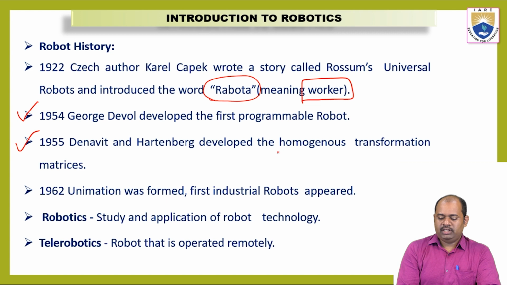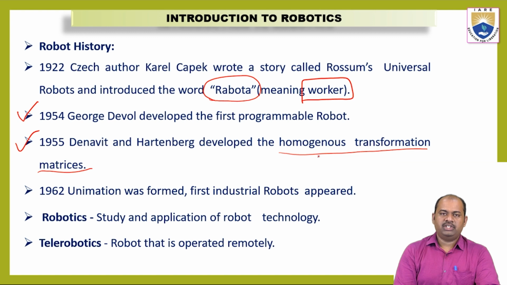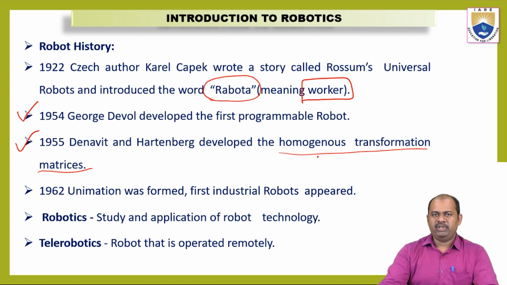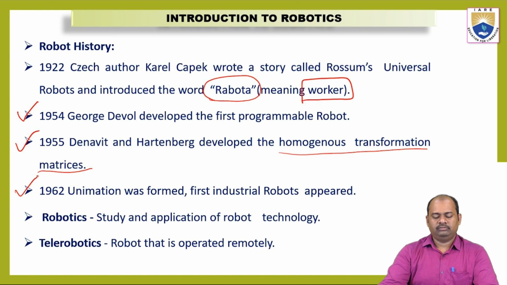We will see what these homogeneous transformation matrices are in the coming classes. These homogeneous transformation matrices have completely changed the operation or design of the robot. And next, in the year 1962, Unimation was formed.